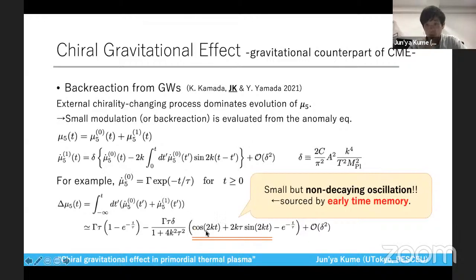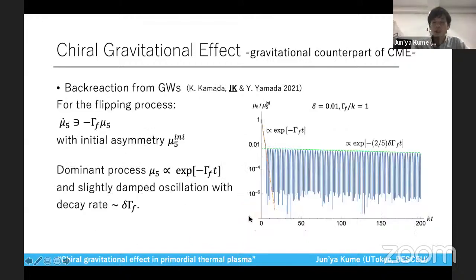This is a general feature in CGE, because this integration term remains as a source term even at later times. So this oscillation comes from the early time memory of this dominant process. We also consider the flipping interaction case, and here you can also see the late time oscillation with suppressed decay rate.